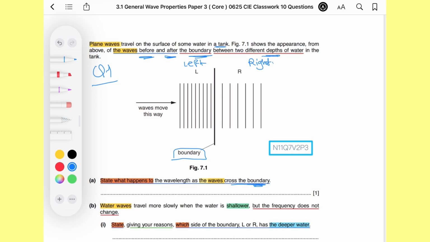You can tell from the diagram that the waves move this way, this is the direction of wave travel, that when they move from left to right, you will find that the wave fronts are further apart, and the spaces between wave fronts represent the wavelength. So what happens to the wavelength here? Wavelength is increased.